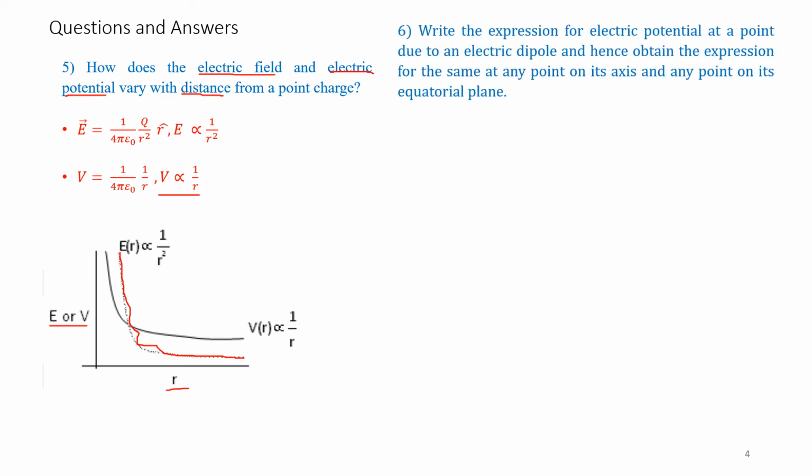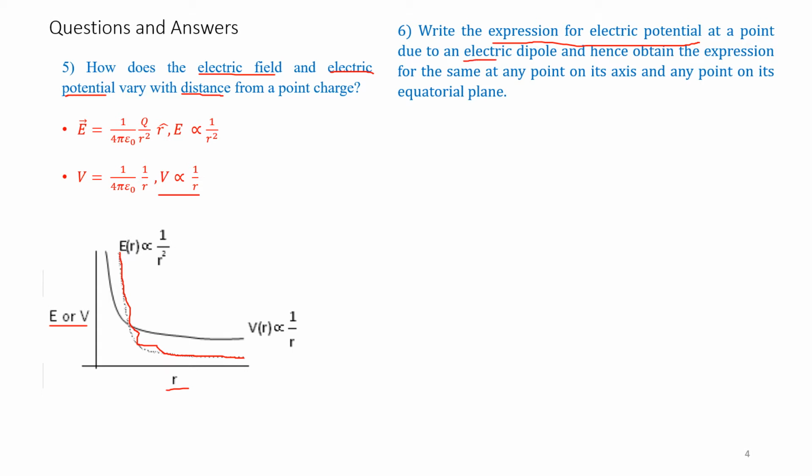Question number 6. Write the expression for electric potential at a point due to an electric dipole, and hence obtain the expression for the same at any point on its axis and any point on its equatorial plane. So we have to write an expression for electric potential at a point due to a dipole.